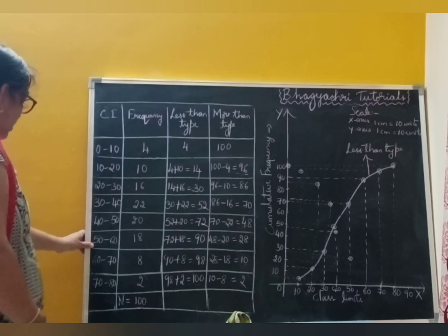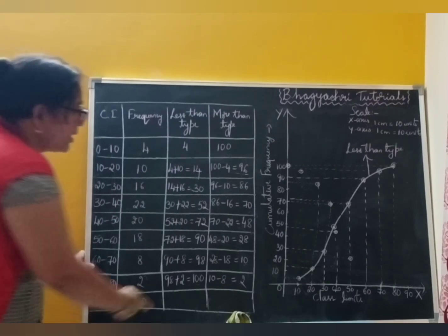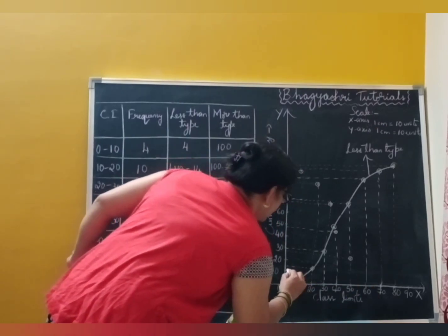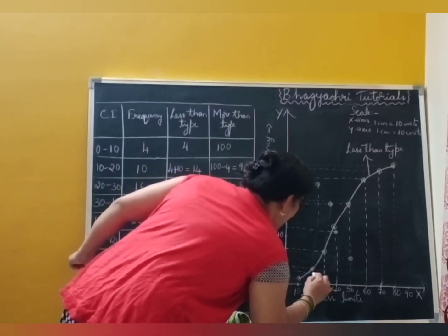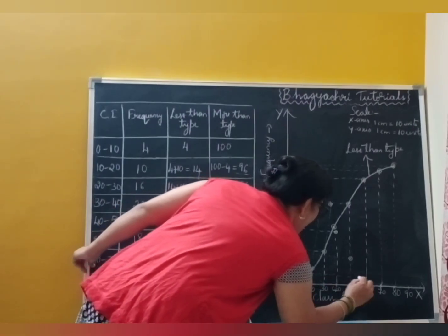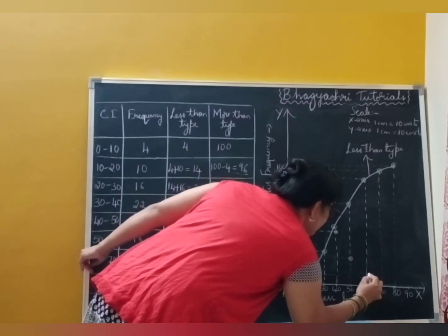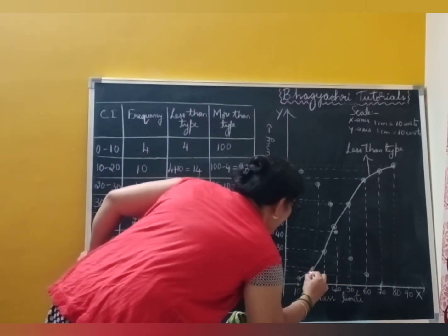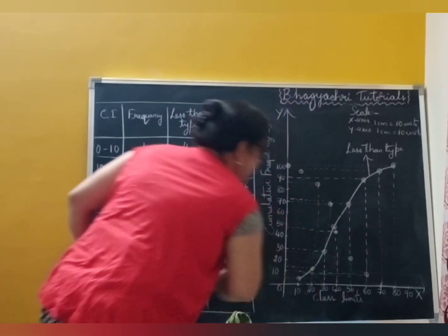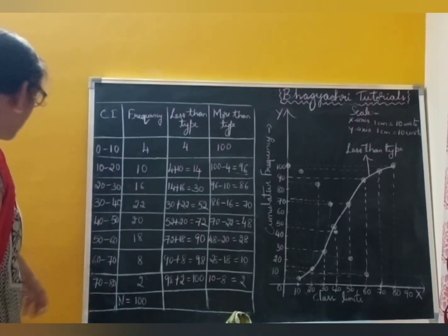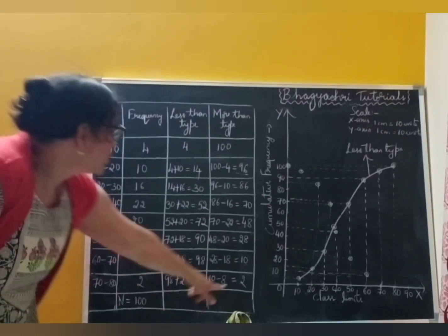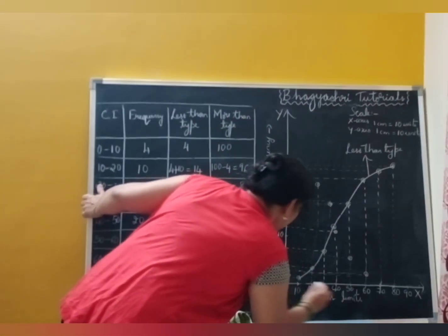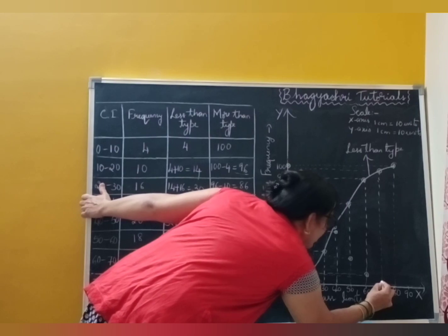Next, for 60, it is 10. Next, for 70, it is 2, very close to the x-axis.